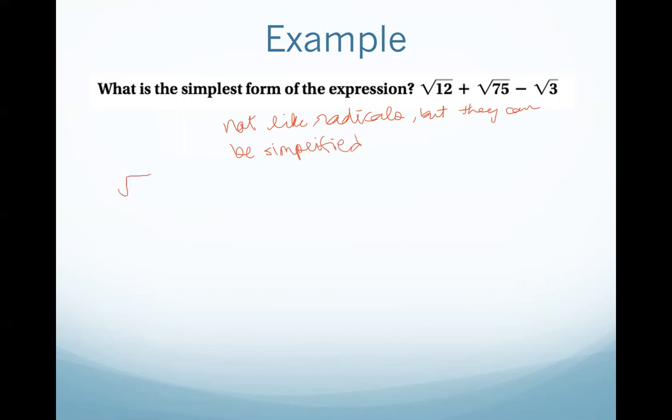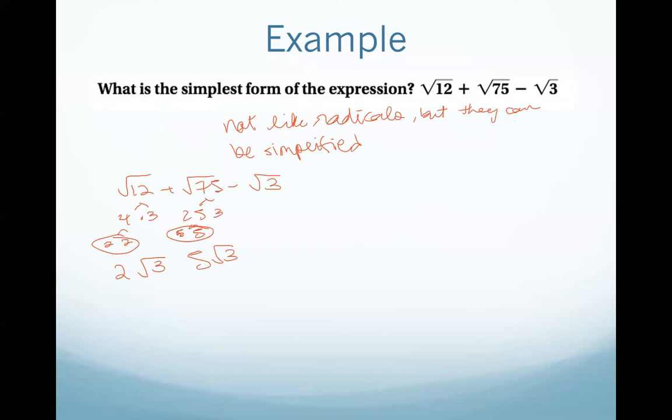So if I have the square root of 12 plus the square root of 75 minus the square root of 3, 12 is 4 times 3 and 4 is 2 times 2, so that's 2 times the square root of 3. 75 is 25 times 3 and 25 is 5 times 5, so that's 5 times the square root of 3. Don't forget your plus minus the square root of 3. Now they are like radicals.